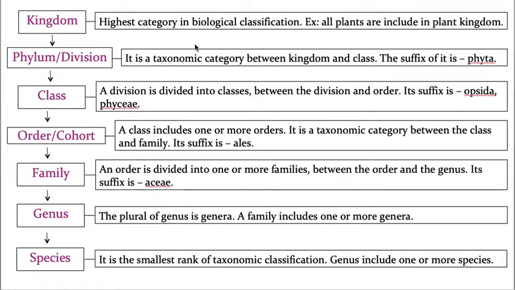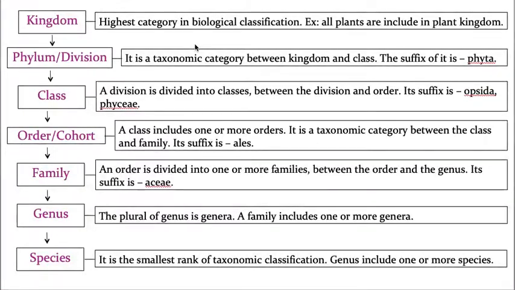The largest phylum of the animal kingdom is phylum Arthropoda. And in that again there are so many classes. Kingdom is the animal kingdom and phylum is Arthropoda, and insects are the largest class included under Arthropoda.